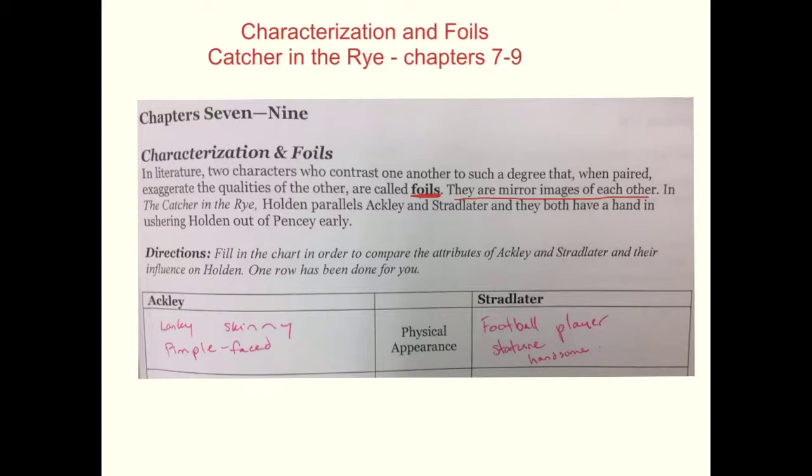The directions are to fill in the chart in order to compare the attributes of Ackley and Stradlater and their influence on Holden. One row has been done for you. You don't need to worry about pausing this video right this second because we're going to talk about Ackley and Stradlater in a little bit of depth. Make sure that you have the word foil highlighted as well as that sentence right after the word foil.